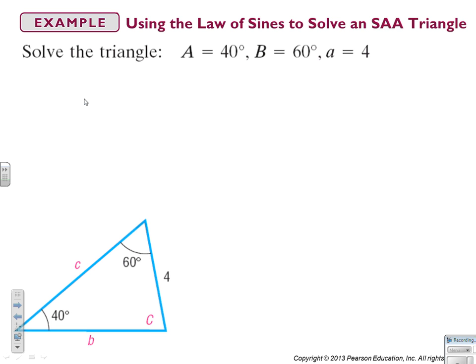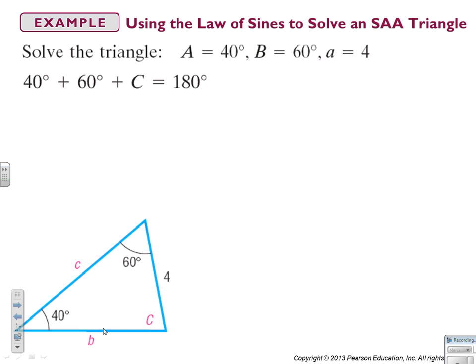If we know angle A is 40, angle B is 60, and side a is 4, once again with these, I recommend drawing the picture. I won't even talk to you unless you have a picture down on your paper. We're going to solve the triangle, which means we have to find angle C, side c, and side b.